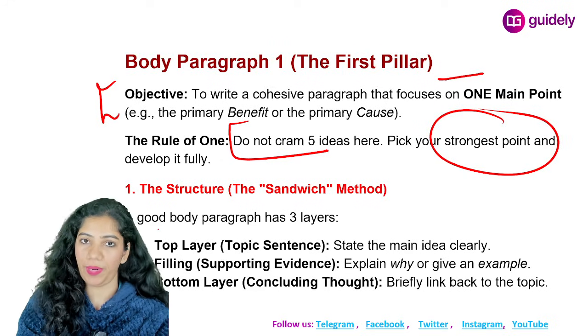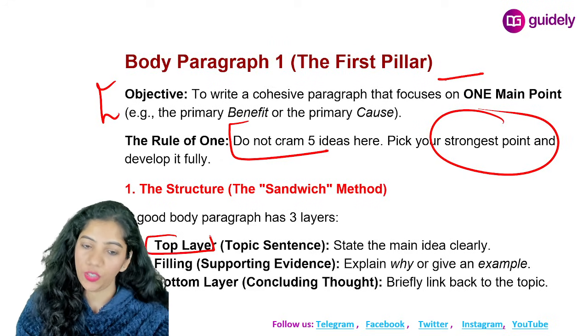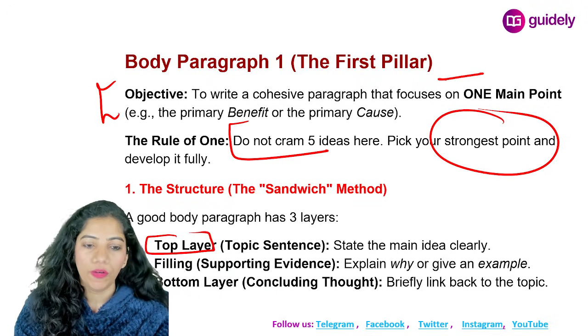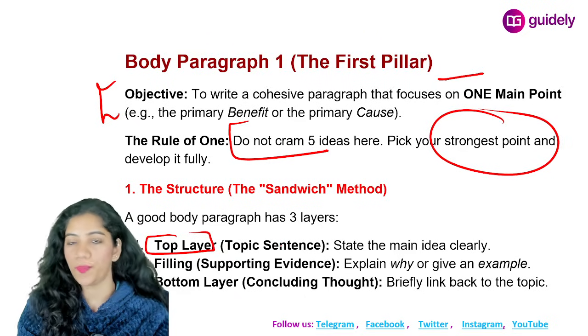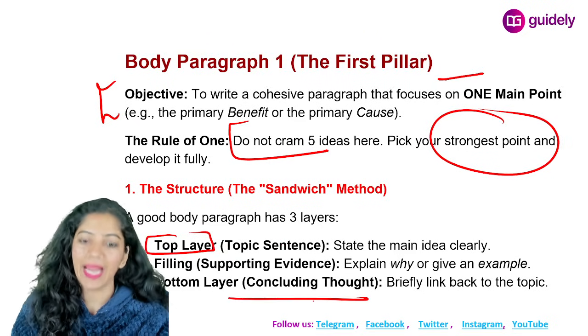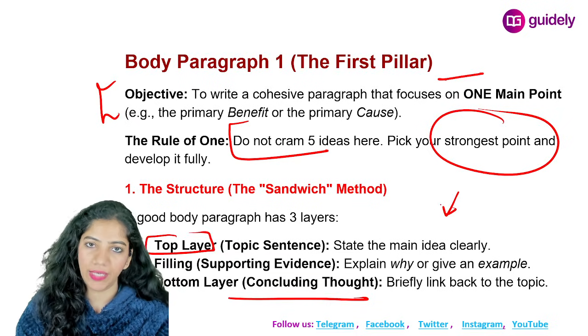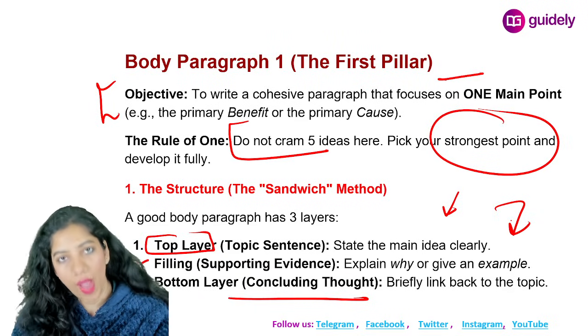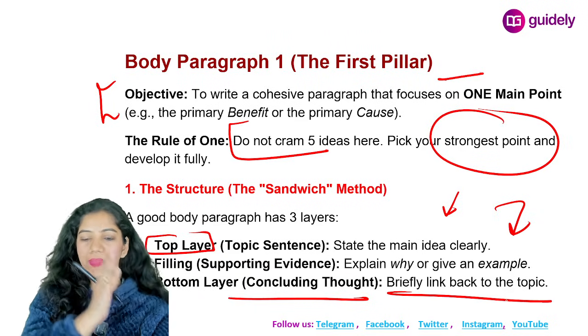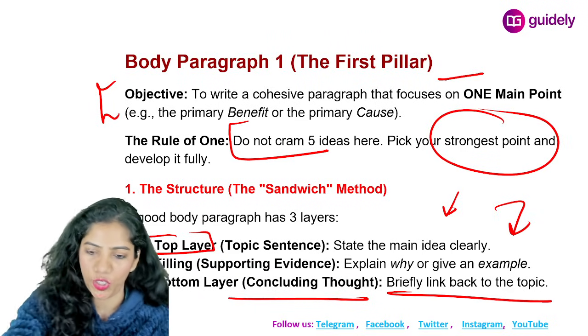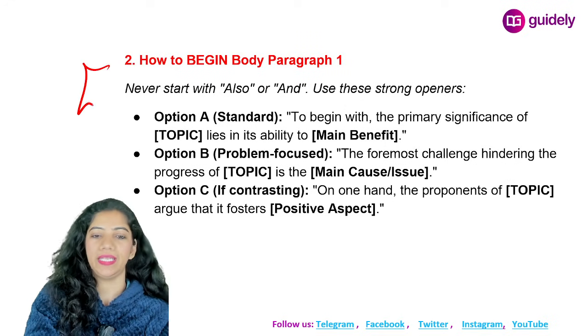A good body paragraph has 3 layers. Top layer, topic sentence, filling supporting evidences, and then the concluding thought. तो मेन पॉइंट को रखा, बताया कि क्यों है ये, एंड ब्रीफली आपने लिंक कर दिया बैक टू द पॉइंट पे. कैसे बिगिन करते हैं हम?